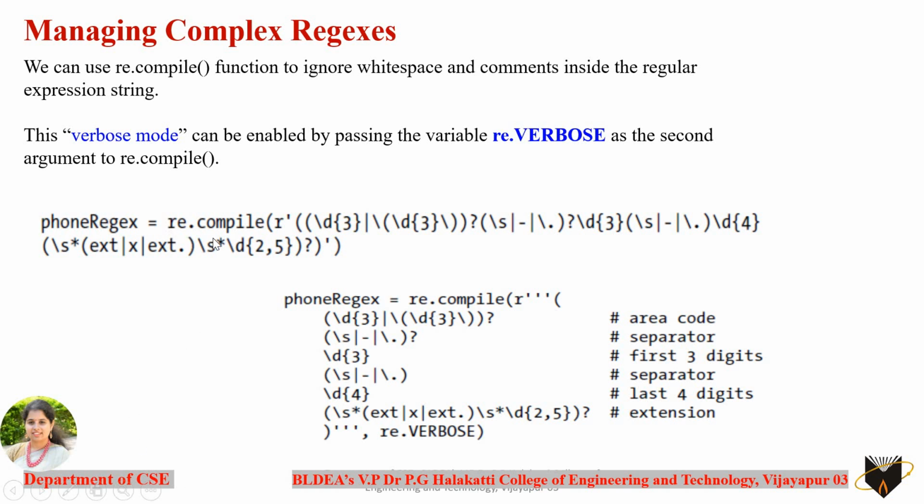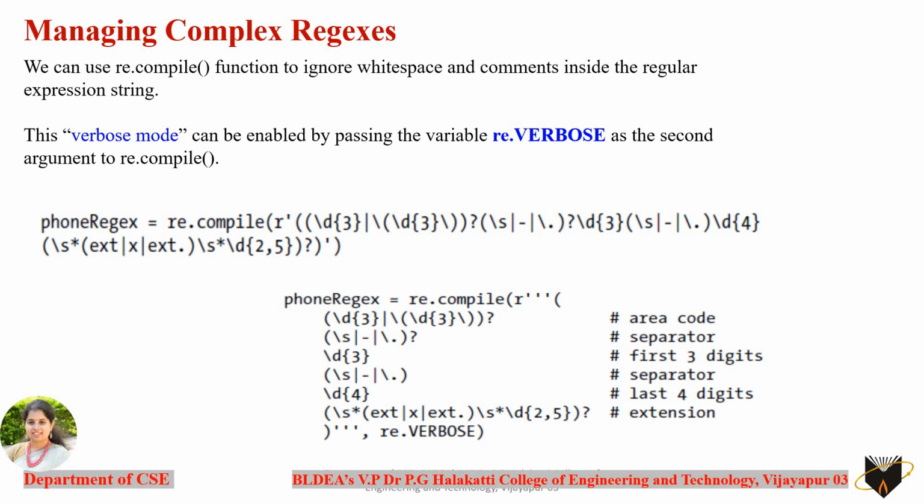For example, you can see here re.compile is used, where we have this regular expression as a pattern. But if you normally look at this regular expression pattern, it is quite difficult to understand what each of these characters, or each of these design patterns, has been taken for. In such a case, you might require writing comments, but it is quite difficult to include comments as a part of the regular expression pattern, which should not be considered for execution.